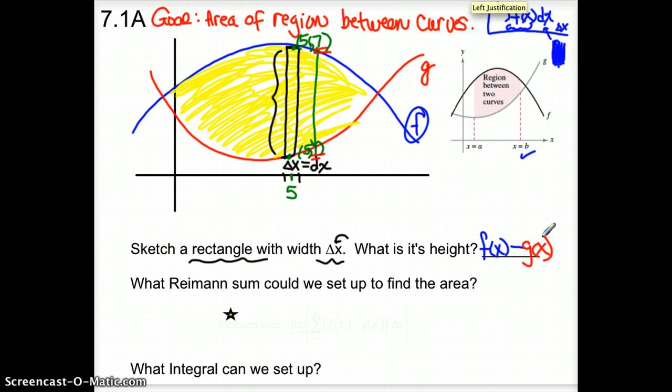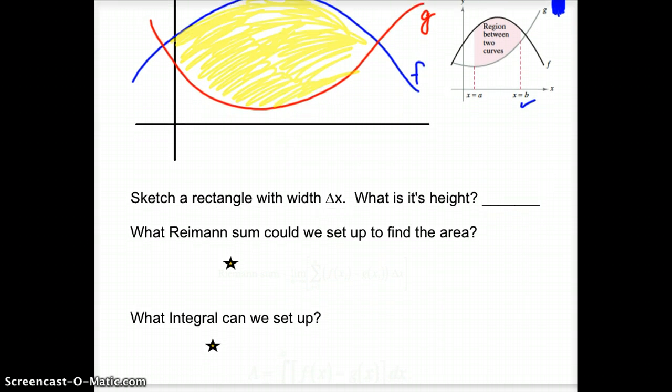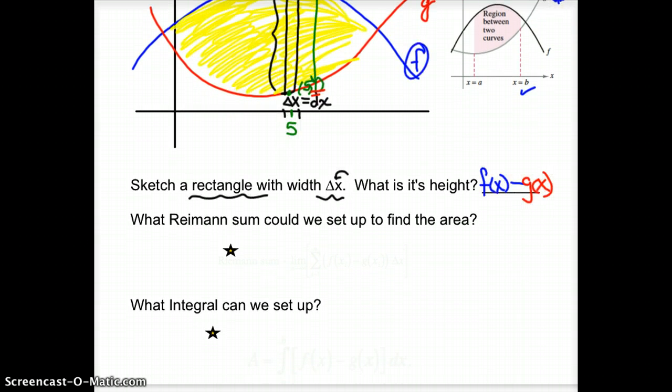So when this says what Riemann sum could we set up to find that area. Remember, Riemann sum is just basically adding up all those rectangles, but what we do is we add up an infinite amount of them. And we take the sum as i goes from 1 to n, and what we do is we take every rectangle and we find its area. Well, how do we do that?